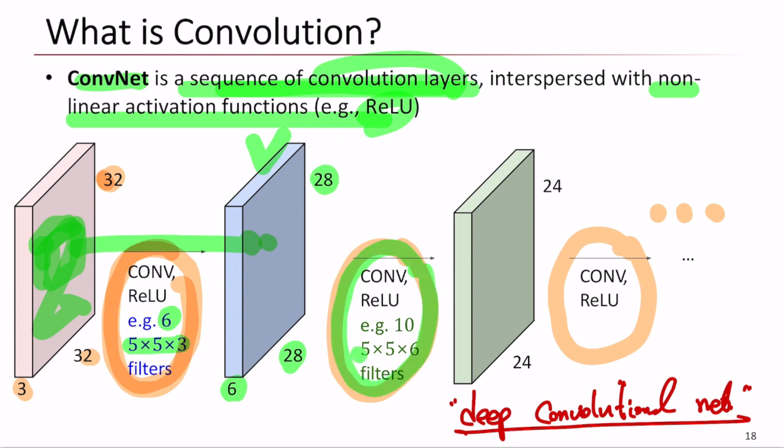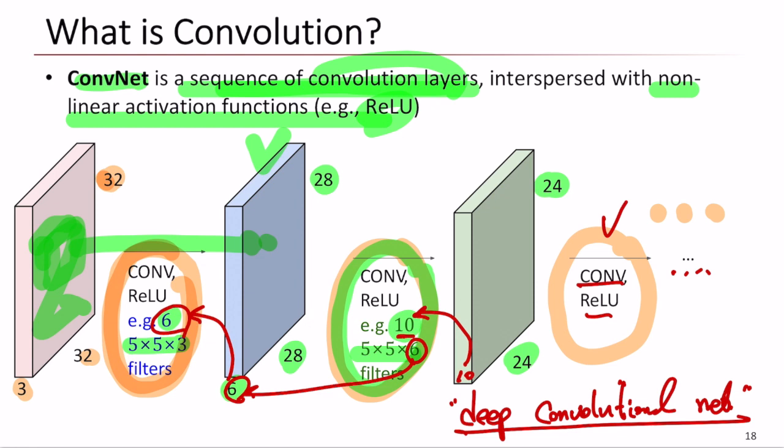Suppose your kernel is 5 by 5 by 6 and you have 10 kernels, then your size is going to be 24 by 24 by what? 10. It is related to the number of filters of the convolution, and this 6 is related to the previous layer's output. And we can process the data further with another convolution layer, which increases the depth of our network. That is a ConvNet, a sequence of convolution layers.